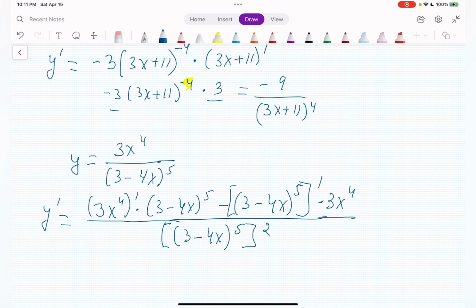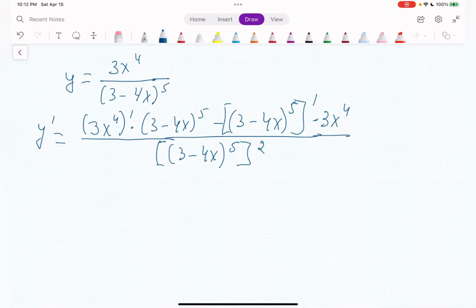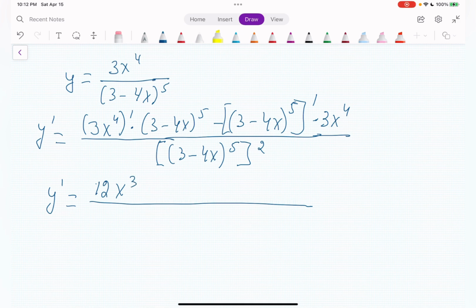That's a quotient rule. So from here, y prime is equal 3x to power 4, so derivative, it's going to be 3 times 4, it's going to be 12, and x to power 4 minus 1, it's going to be 3. I just took derivative of this one and got this.